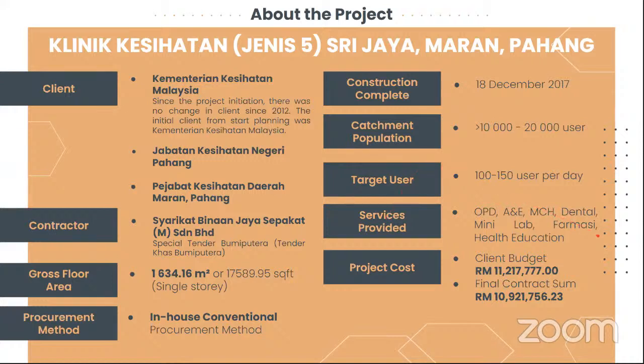In our project, the Klinik Kesihatan Sriwijaya is jenis 5, where the services provided are outpatient department, accident and emergency department, maternal and child health department, dental department, mini lab, pharmacy, and one optional service which is health education. Moreover, the technology applied in this project is building information modeling, and this project is the first Klinik Kesihatan that adopted BIM.